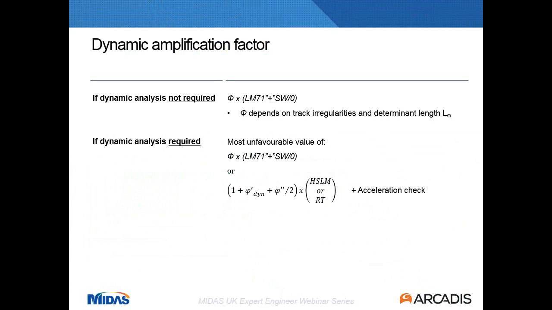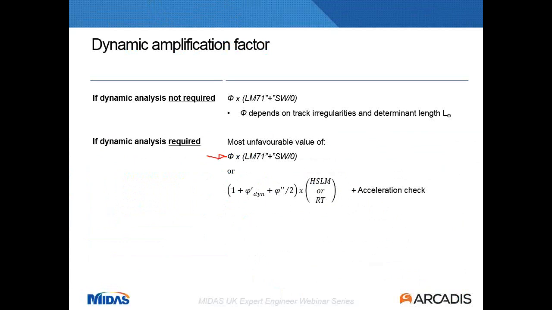But in some other cases, you do need to do a dynamic analysis. And if that's the case, you still have to do your static analysis and apply this dynamic amplification factor.